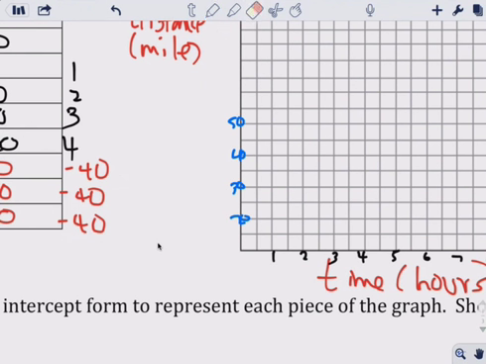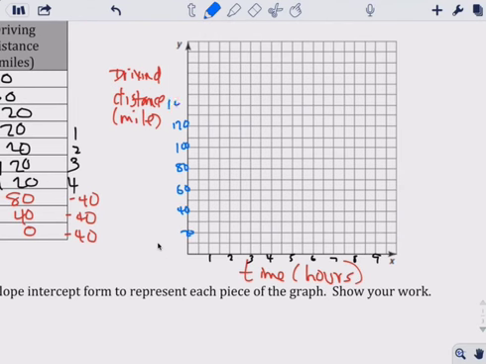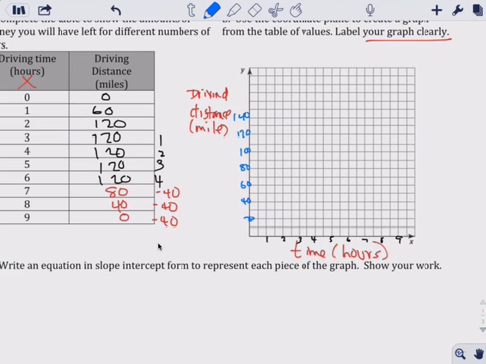Sorry, that's 20. So 20, 40, 60, 80, 100. Each block represents 10, though I'm skipping every other one. 120. I don't need more than 120 because my highest driving distance is 120 here, so I'm wasting time if I do more.